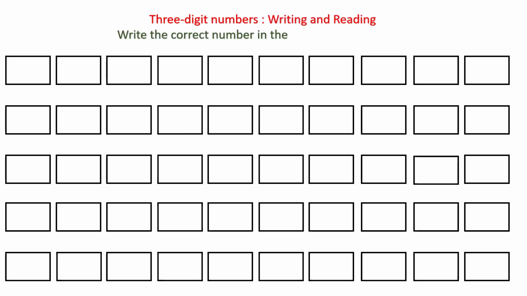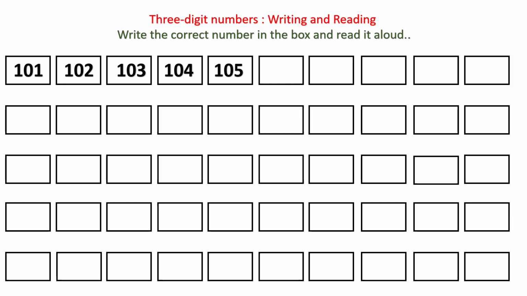3-digit numbers writing and reading. Write the correct number in the box and read it aloud. 101, 102, 103, 104, 105, 107, 109, 110. After 105 comes 106.